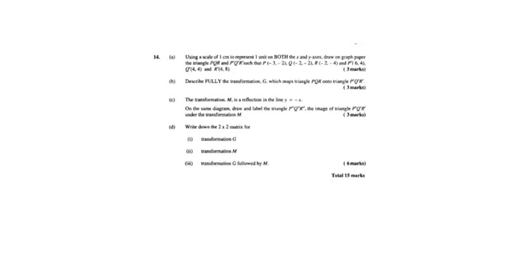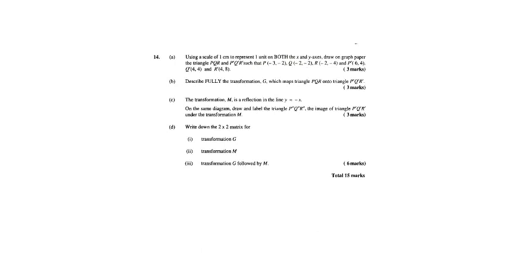So the first part of it says, using a scale of 1 centimeter to represent 1 unit on both the x and y axes, draw on graph paper the triangle PQR, and then P prime, Q prime, R prime, such that, and they give us all the coordinates, alright? I'm not gonna even read it out. But the first thing that we need to do is set up our x and y axes, because we have a shape that we're going to be representing in the Cartesian plane, but they've also given us a transformed version of this particular shape.